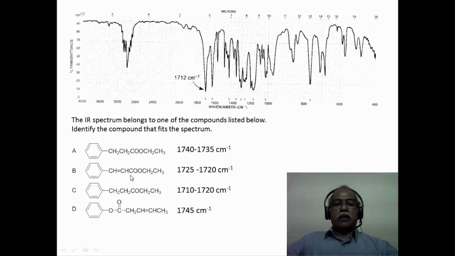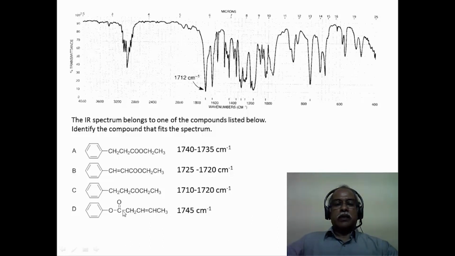One can also easily rule out the alpha beta unsaturated ester because this will not be less than 1720 or so. One can easily rule out this particular ester because the unsaturation is conjugating with the lone pair of oxygen here. It would in fact increase the frequency compared to the base value for an alpha beta unsaturated system. So this is a saturated ester functional group which is also 1745, which is higher than what is observed.